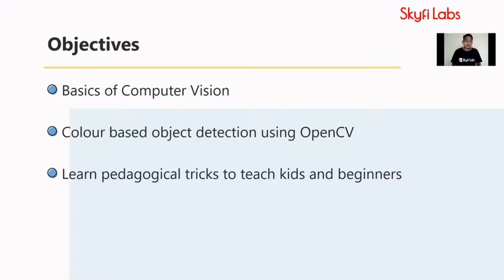On the second day, using the concepts that we have learned and learning some advanced concepts in computer vision, we will try to build a project which is called color-based object detection using OpenCV. We are basically building a simple robot which will be able to detect an object based on its color, right? So let's begin.